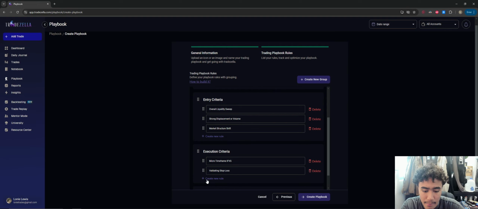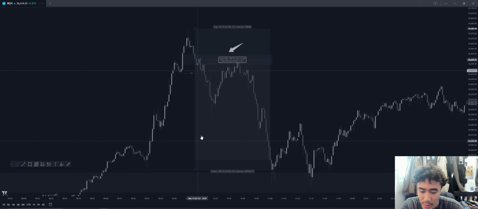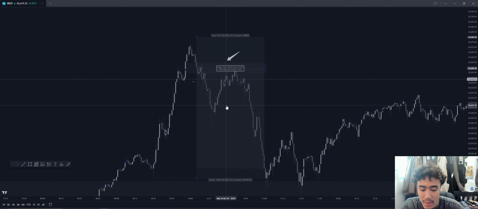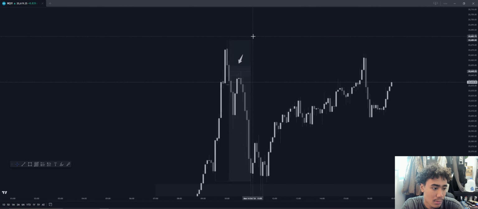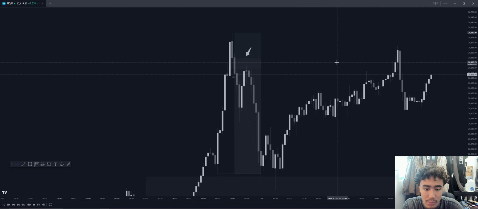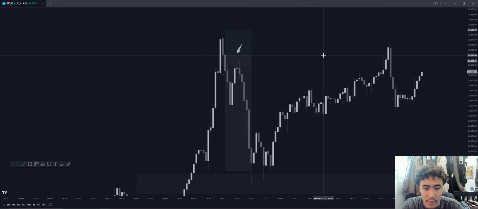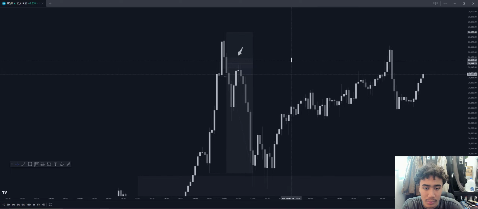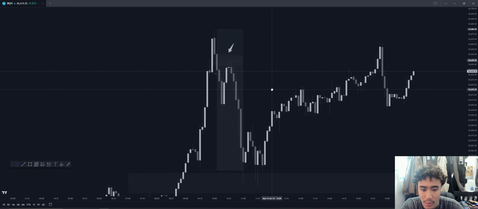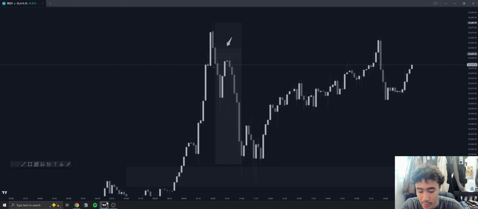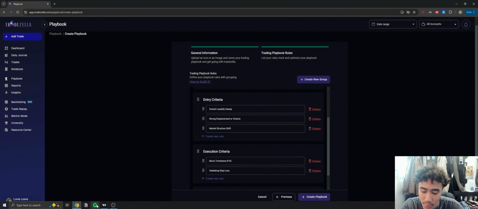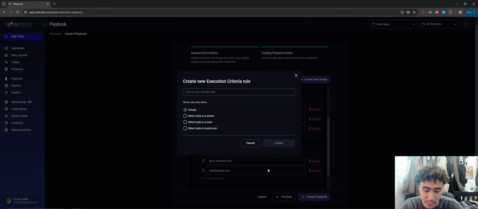And last but not least, validating risk reward. So an overall risk reward of above 1 to 2. Risk to reward above 1 to 2 R.